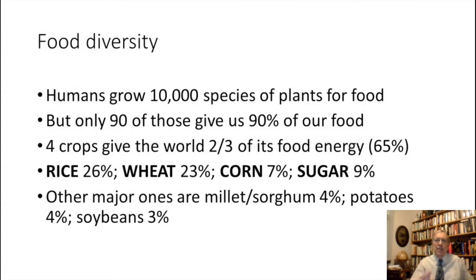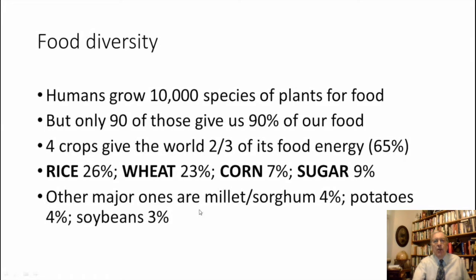There's 4 biggies, and they are rice and wheat. About 25% of our food crops right there, from the energy we get from corn, 7%, sugar, 9%.